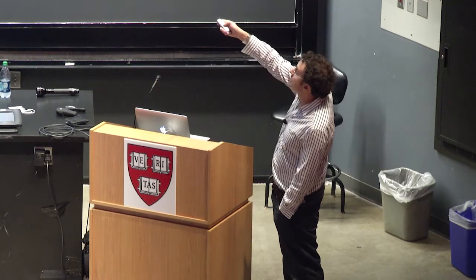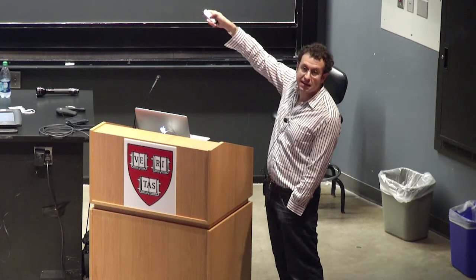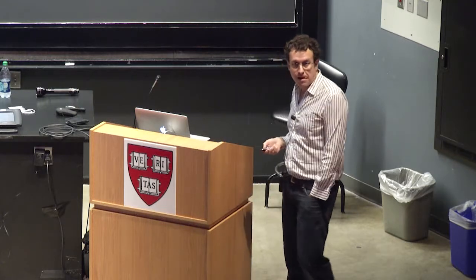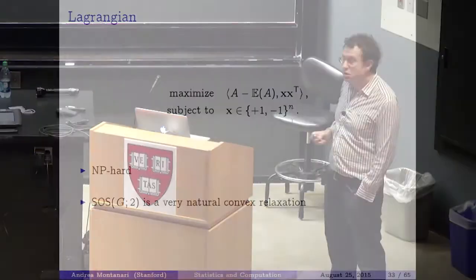So what I'm doing here is subtracting from A its expectation. And this is the ordinary scalar product between matrices, trace of A B transpose. Okay, so this is a very neat formulation.